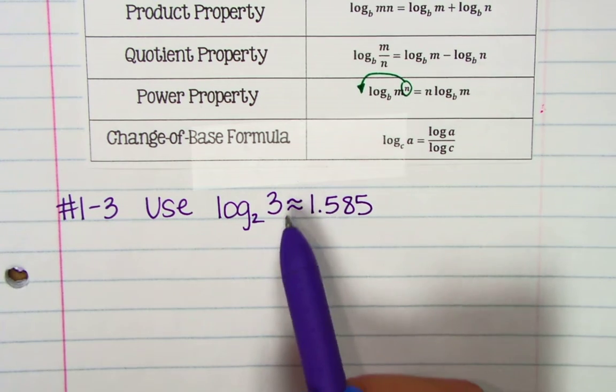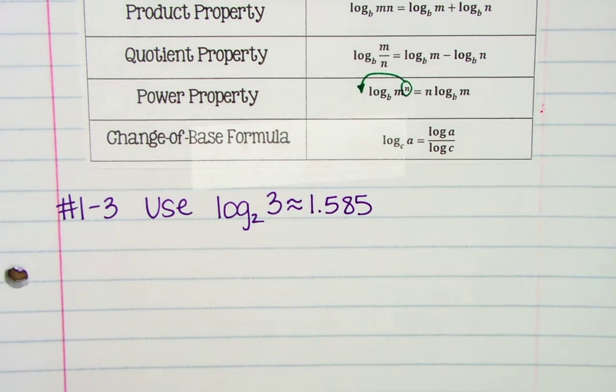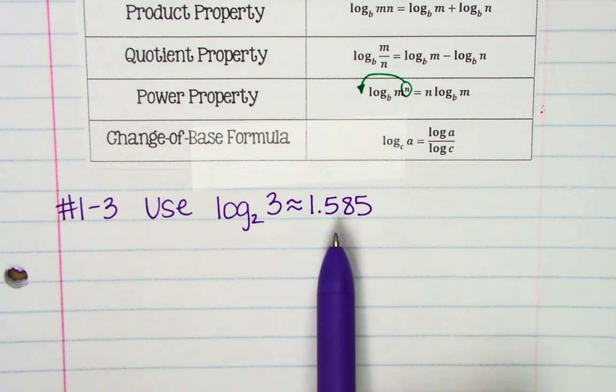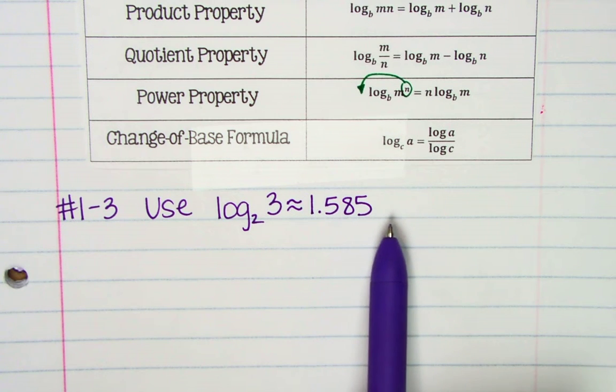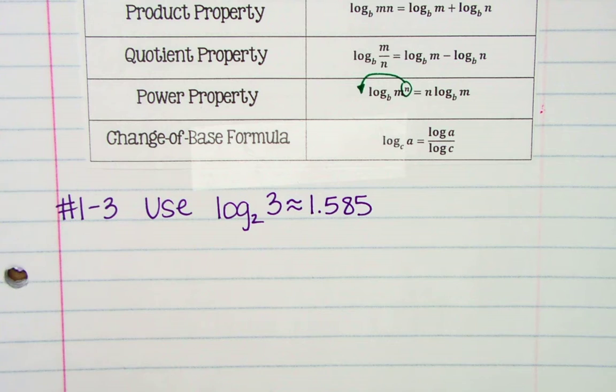They're telling us the number that log base 2 of 3 equals. What does squiggly equals mean? Around, close to, approximately. It means that we rounded this. It had more numbers, but we rounded it. It's close to 1.585, but not exactly.